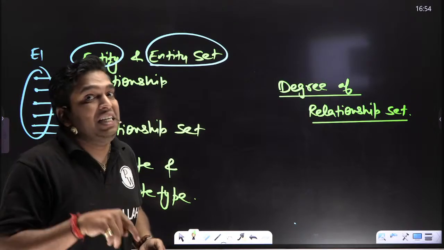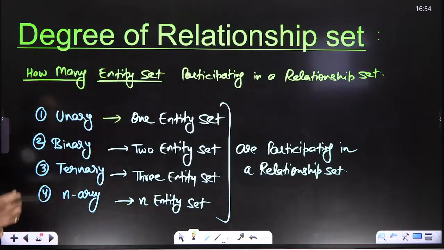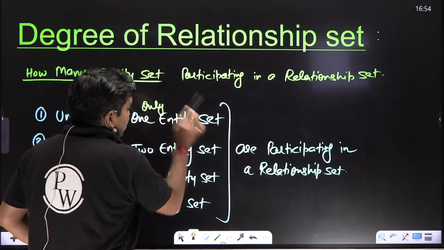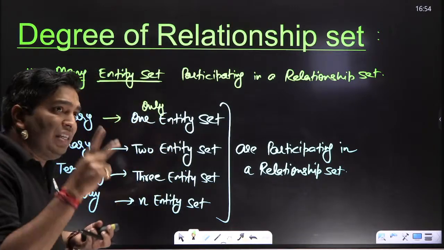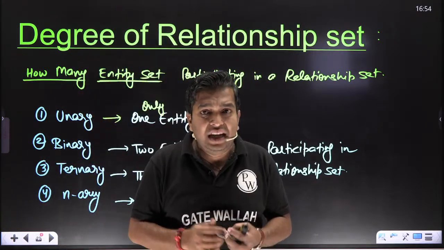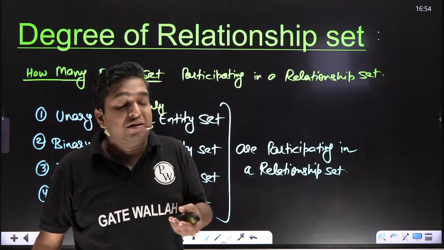If only one entity set participates, it is called unary. If two, binary. If three, ternary. If n entity sets participate, that is called n-ary.